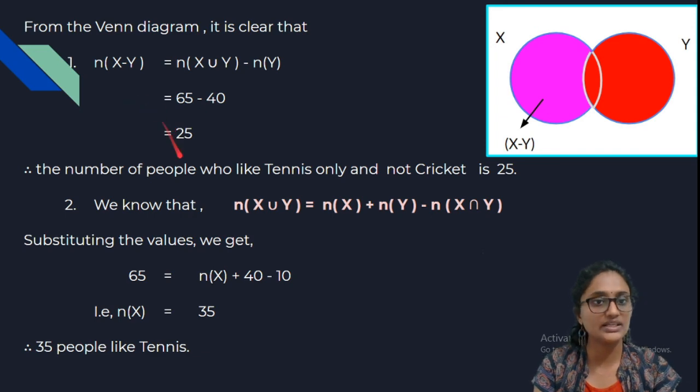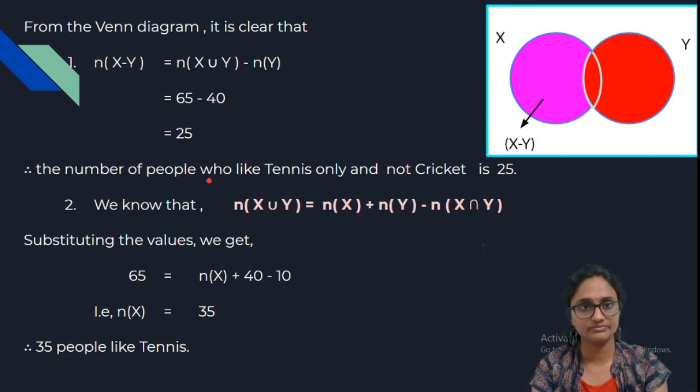Thus n of X minus Y is equal to 25. Therefore, the number of people who like tennis only and not cricket is 25.